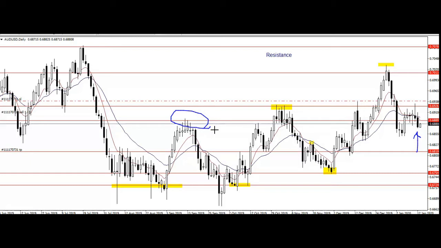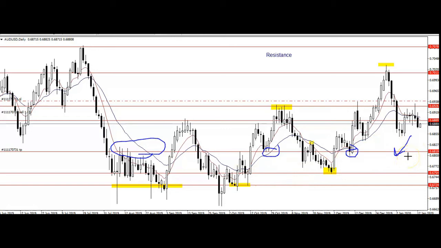So again, that holds us in good stead that we are on the right side of the trade. Obviously our first take profit is down here at around the 68110, as I mentioned in last week's analysis, previous support, which was previous resistance. So this is our first profit target here.